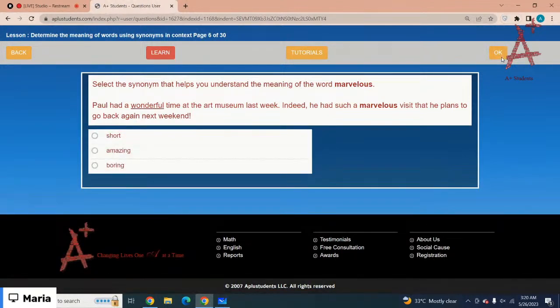Again, the same question, again repeating. Paul had a wonderful time at the art museum last week. Indeed, he had a marvelous visit that he plans to go back again next weekend. So, which is the correct option?